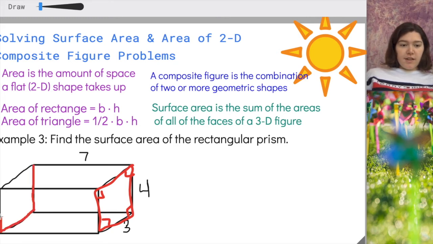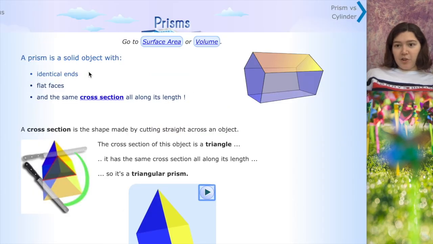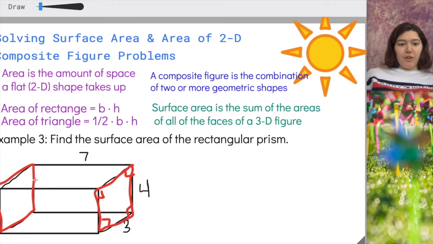So this is its identical end. It also is going to have a height of 4 and a base of 3. Okay, and that's also a rectangle, so we can multiply the base and the height to find the area. So my area is going to be base times height, so it's going to be equal to 3 times 4, and that equals 12.